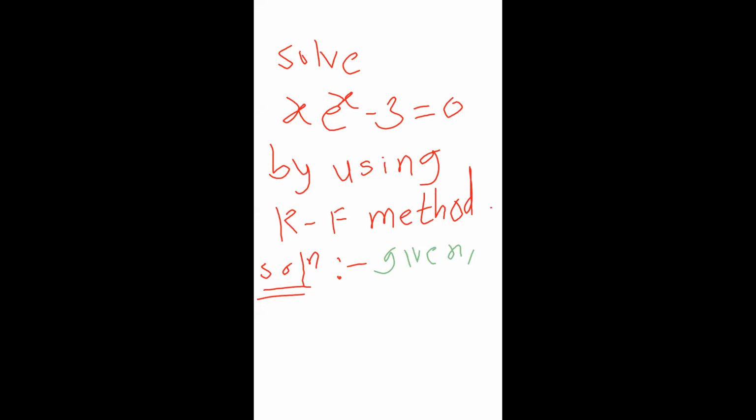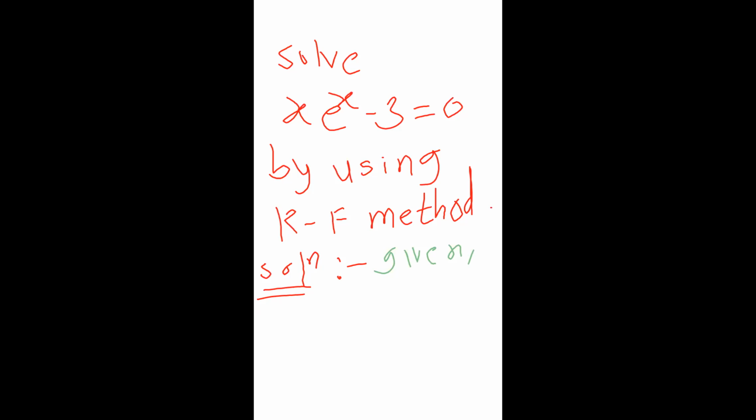Shaneshwar, can you tell me? What is the formula for X1? X1 is equal to A into f of B minus B into f of A divided by f of B minus f of A. Very good.